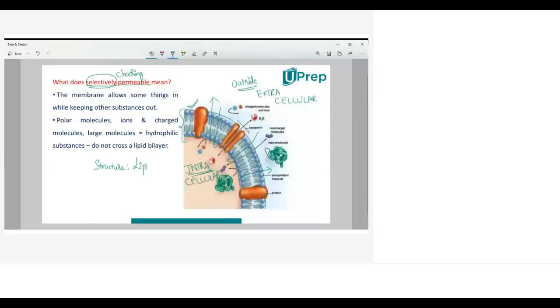You'll have lipid in the form of, Bhumika, can you say in the form of which layer? How many layers of lipid will you have?